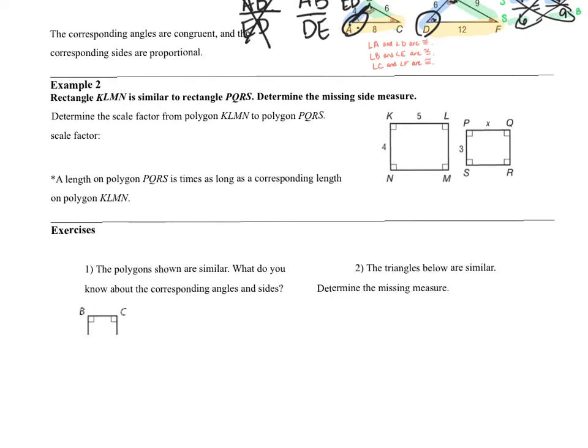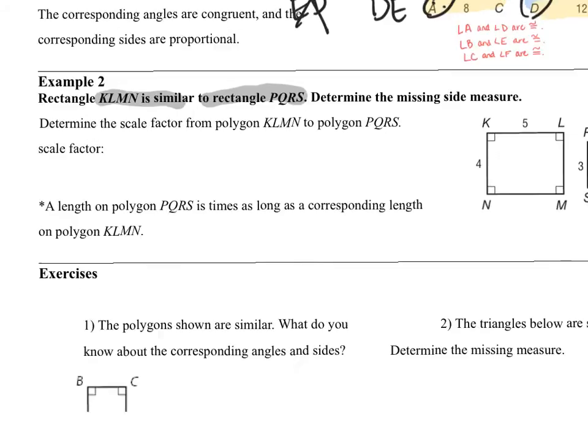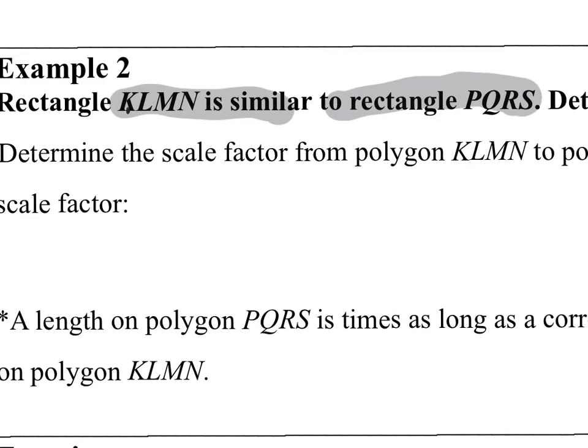So we're saying rectangle KLMN is similar to rectangle PQRS. So by that statement, I am saying that angle K and angle P are congruent. Okay, this is a rectangle, so technically they're all congruent, correct?